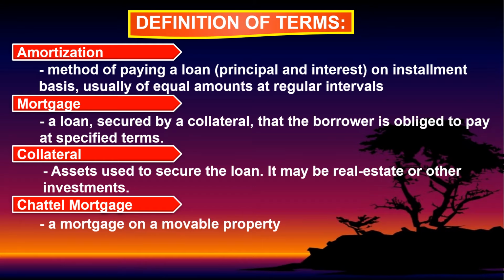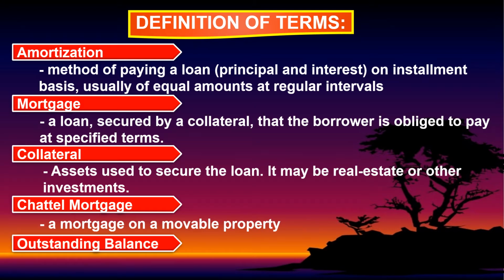During the term of the loan, the mortgagor, the borrower, still has the right to possess and use the mortgage property. In the event that the mortgagor does not make regular payments, the mortgagee, or the lender, can repossess the mortgage property.